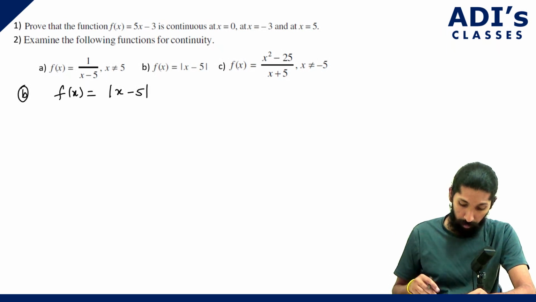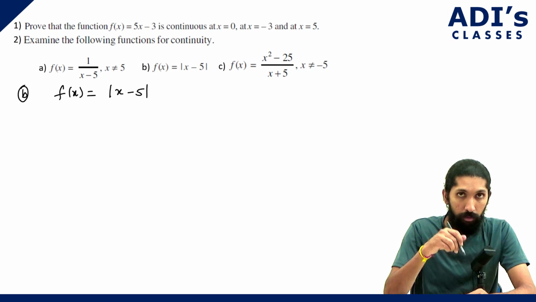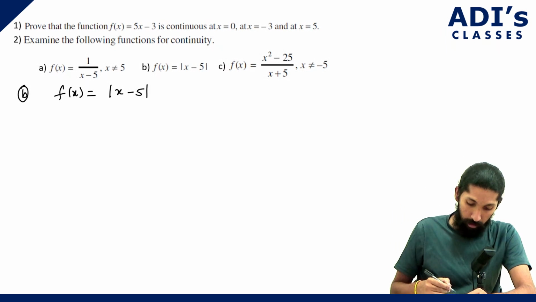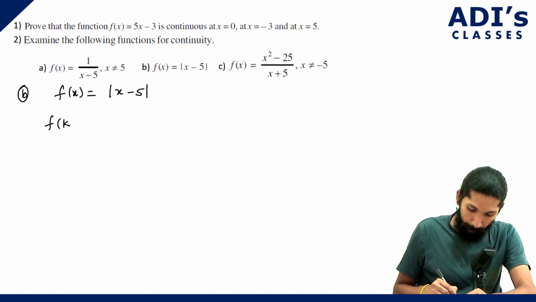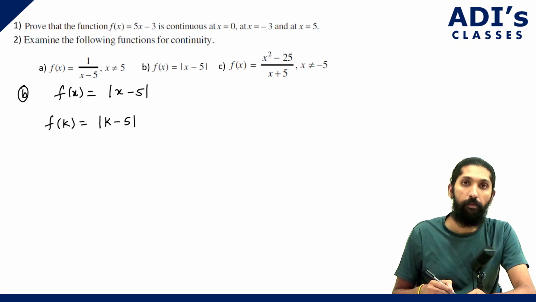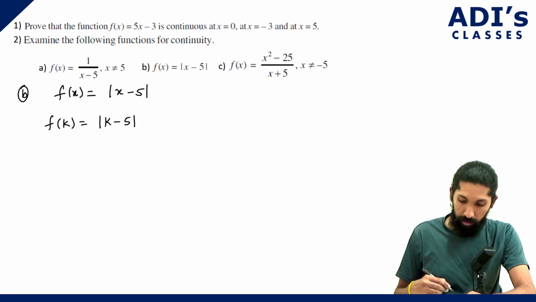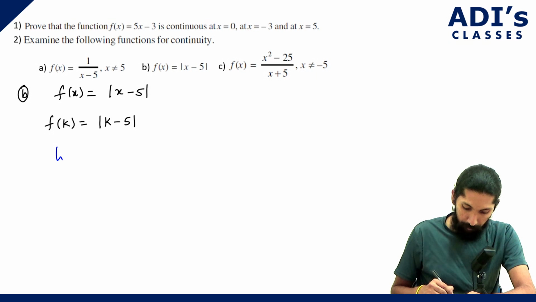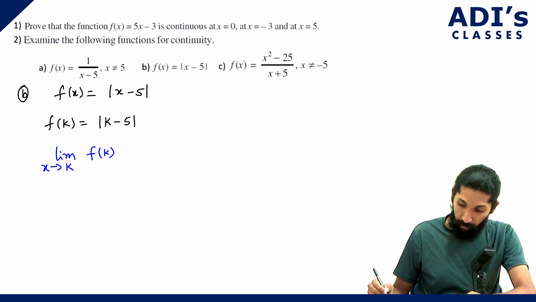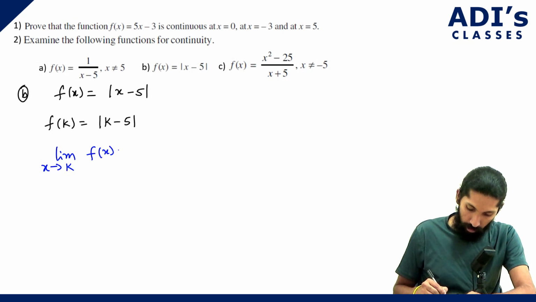So now what do we have? f of x is equal to mod of x minus 5. So first we'll do f of k, mod of k minus 5, isn't it? Again, the limiting condition. So you have limit as x tending to k, f of x is equal to f of k.